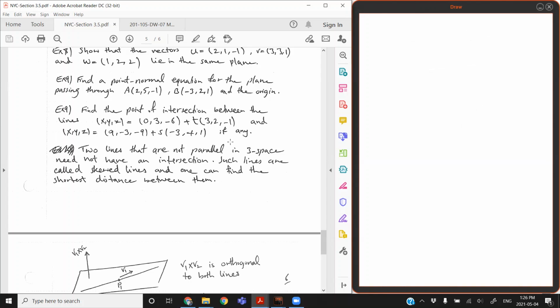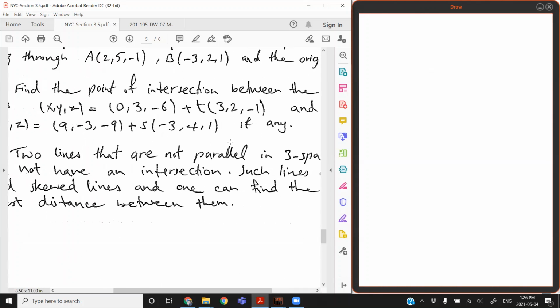The first line, I can write it like this: (0 plus 3t, 3 plus 2t, negative 6 minus t). So that's line 1.